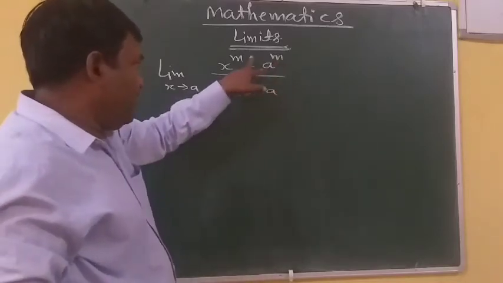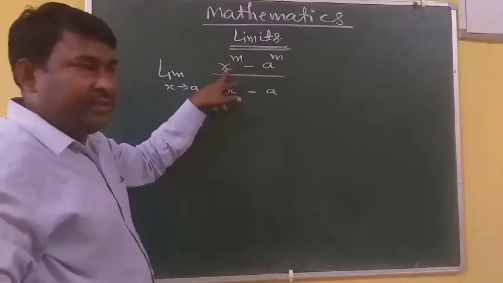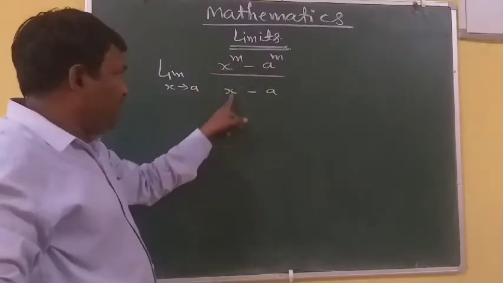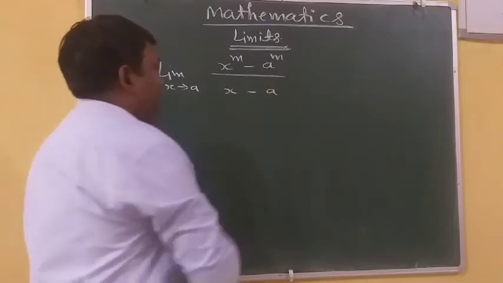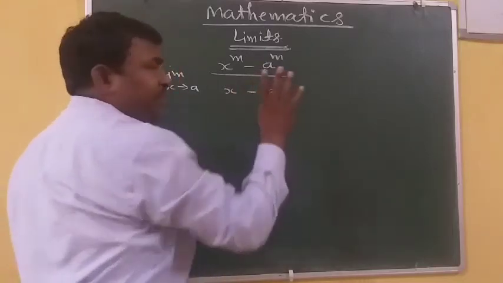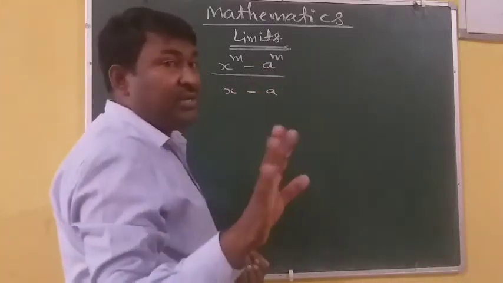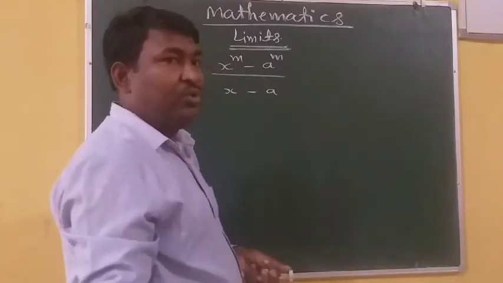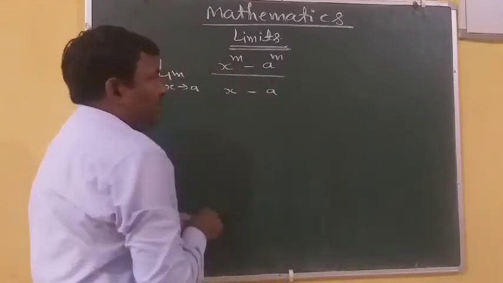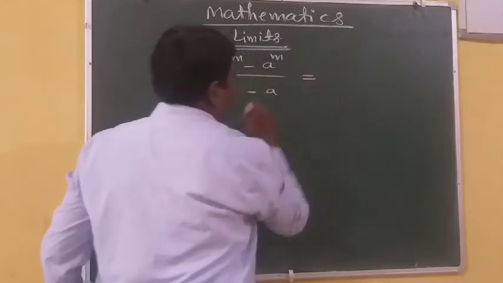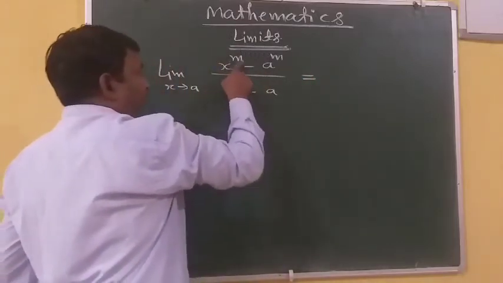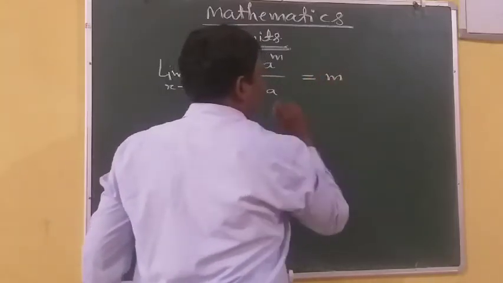The power is the same as the power in x. Here upon this same x minus a, here power 1, it may be 1 or maybe something else. If something else, there will be another formula. For power 1, there is a standard result. Whatever power m, this is m.